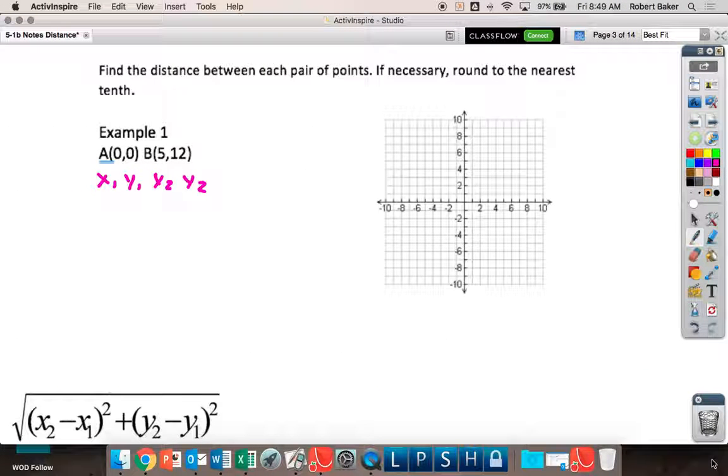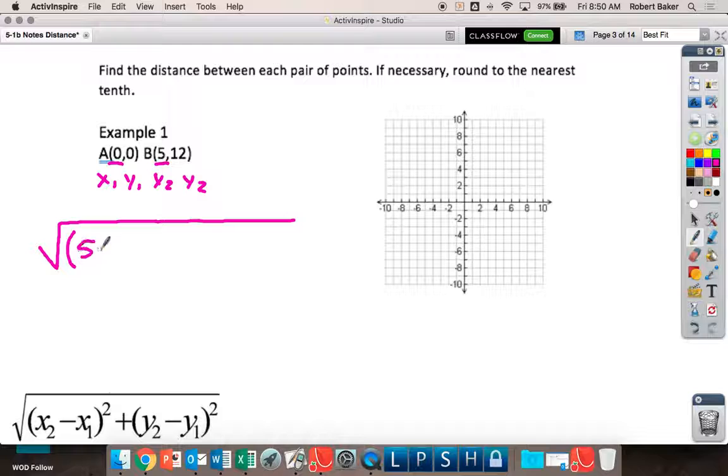So I'm going to plug that into this formula. I like to draw a big radical. Make sure that you know it is x2 minus x1 squared. So parentheses x2 minus x1 squared.